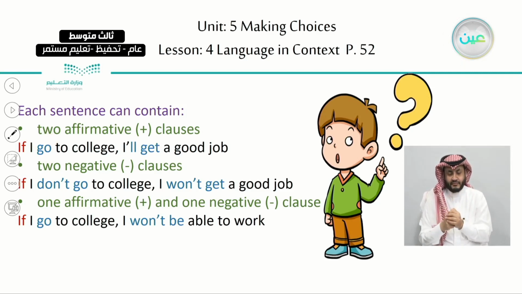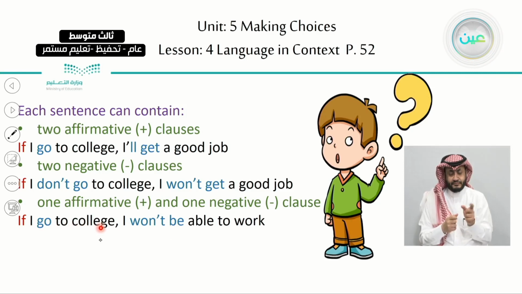Sometimes we have both negative in the cause and the result part, all negative. So if I don't go to college, I won't get a good job. So here we have a negative and a negative. But sometimes we have one positive and one negative clause. Like here, we have here the positive, here the negative.